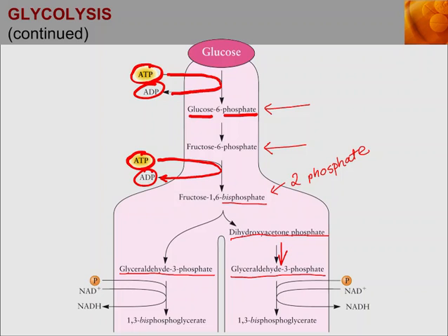Now, both of these glyceraldehyde 3-phosphates are going to become 1,3-bisphosphoglycerate. And what's really cool here is that NAD plus is going to come in and become NADH and help that process along.